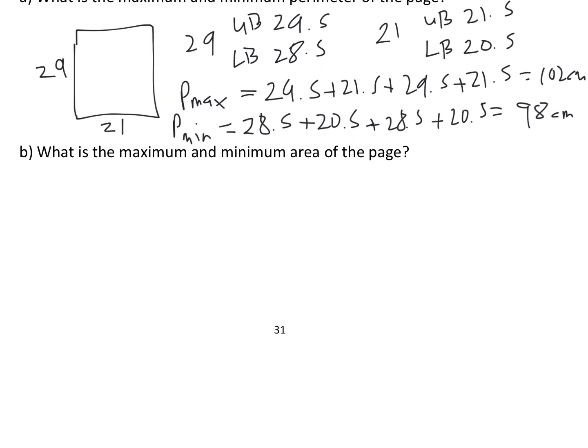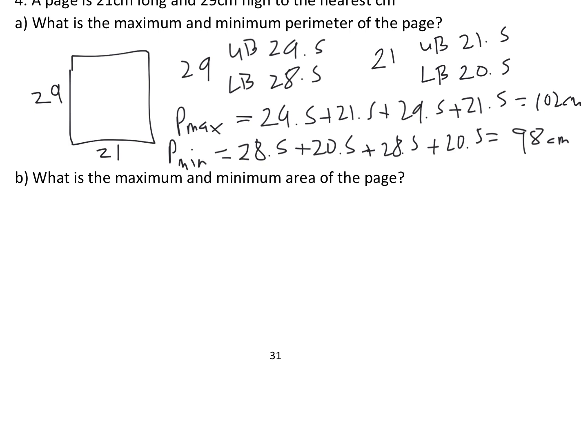Part B, what is the maximum and minimum area of the page? So area max. If I'm multiplying two sides together, I want to make it as big as possible. These two measurements would be as big as possible. So we're going to multiply 29.5 by 21.5. If we want to get the minimum area, we'd want to make these sides as small as possible because we're multiplying.